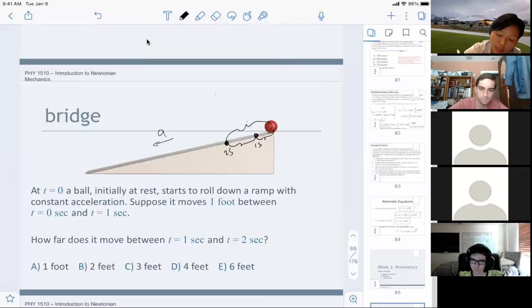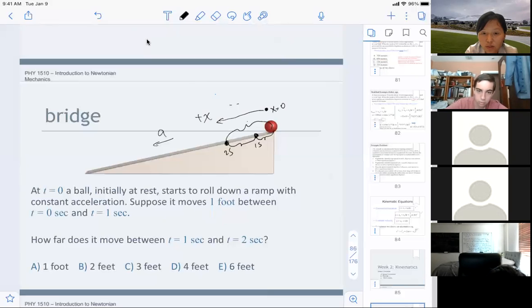You are going to set your coordinates right here, and I'm going to set the origin where the ball is. If I choose my coordinates to be along the ramp, it makes more sense than choosing something horizontal. So I want to choose my x-axis to be parallel to the ramp, and I'm going to call that positive x. That's just a little bit easier to label my position.